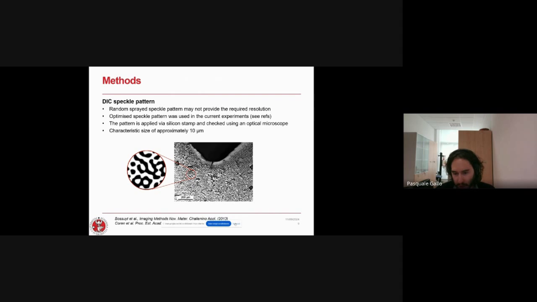We don't go into detail, but basically it is optimized by minimizing an error function, which takes into account the correlation function you have in the DIC technique. And the pattern, therefore, is not sprayed, but is applied via a silicon stamp and then checked via optical microscope to see if the quality is okay or not. We can obtain a characteristic size of approximately 10 micron, and we can go even smaller from my understanding of some recent tests that they did.